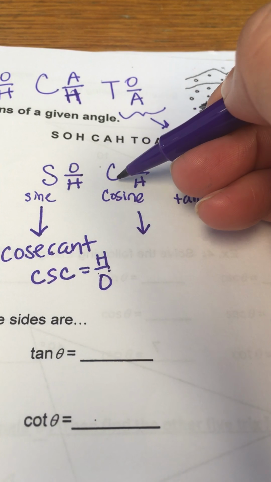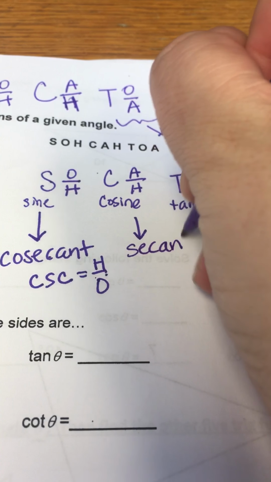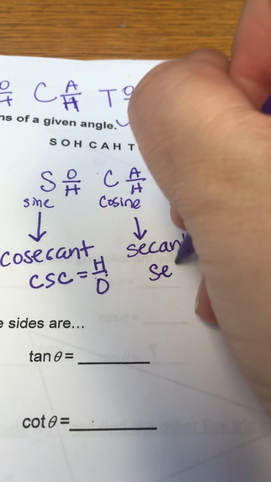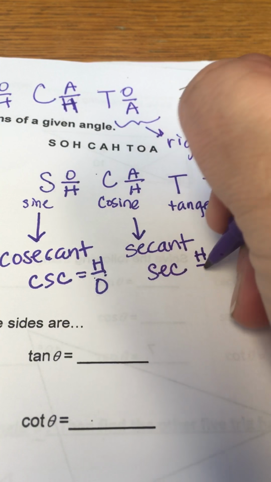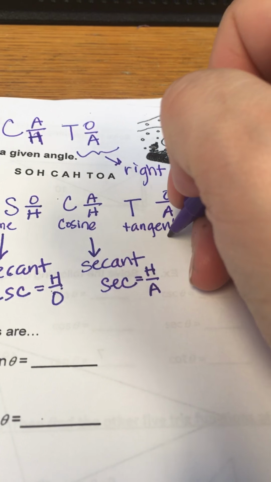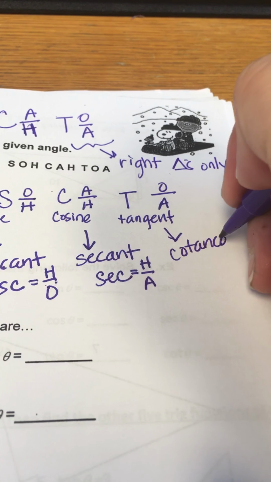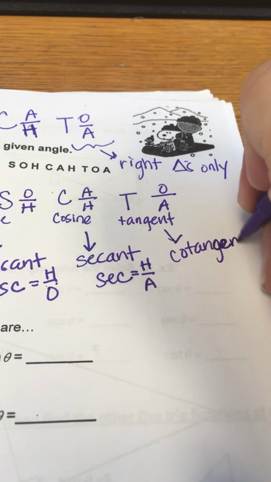The partner for cosine, so the flip of it, is secant, or SEC, and that's flipping the hypotenuse with the adjacent. And the tangent goes nicely with the cotangent. Tangent, cotangent.